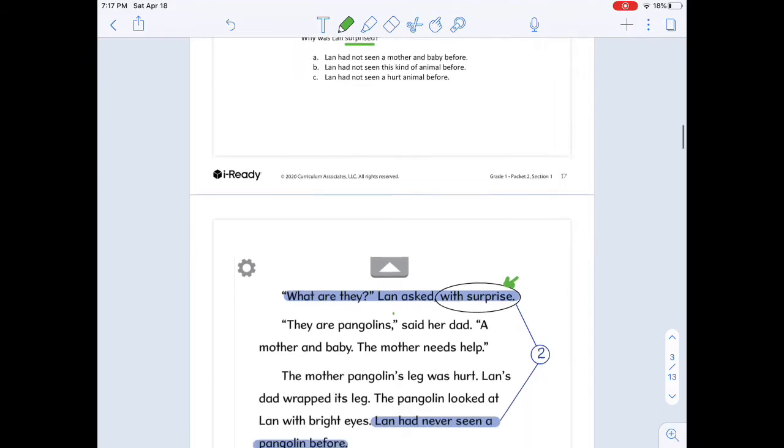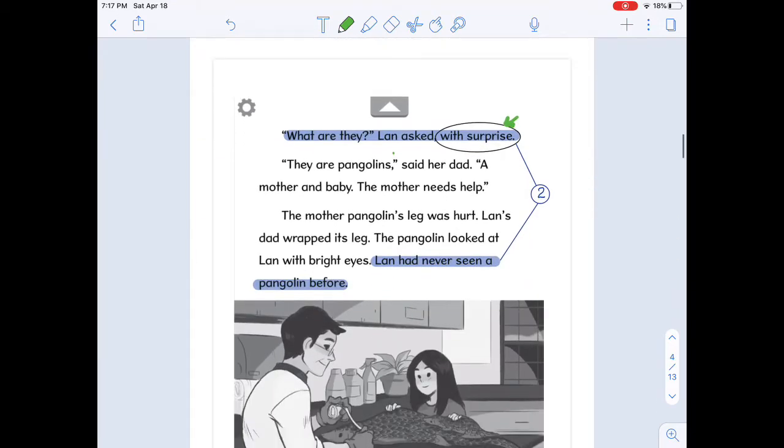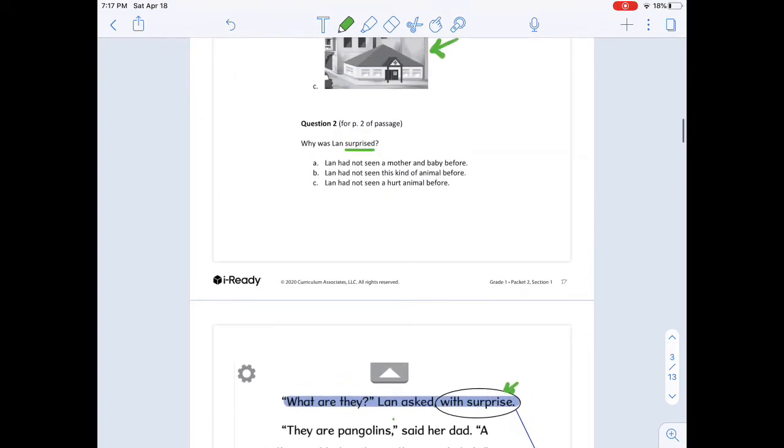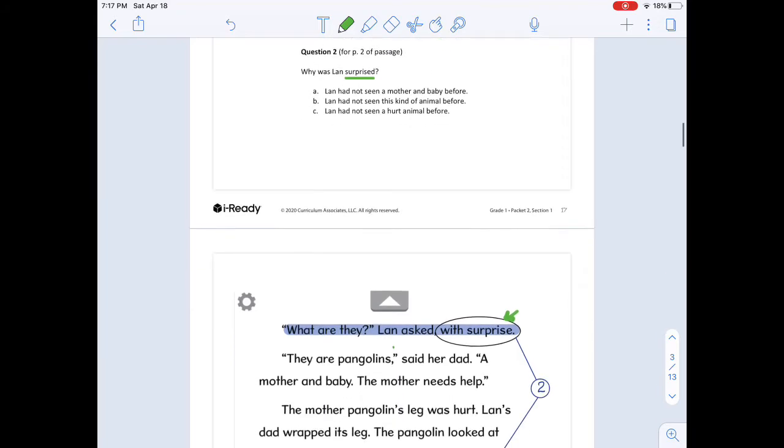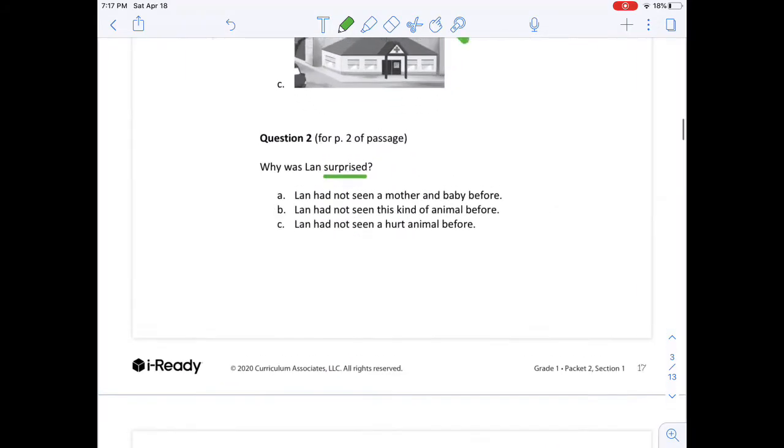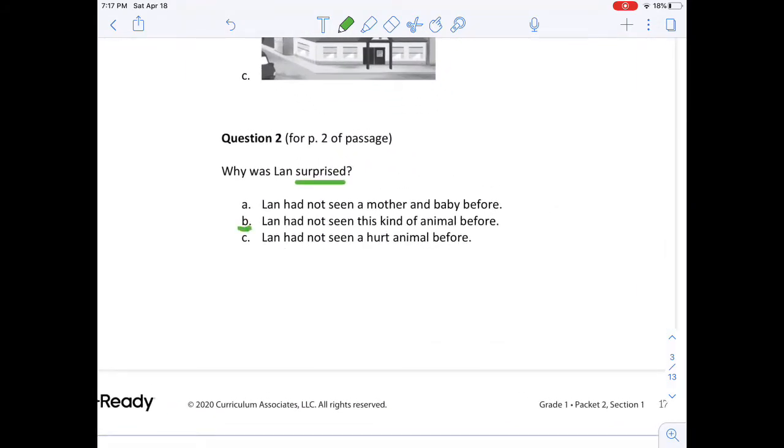Why was Lan surprised? Lan had never seen a pangolin before. So Lan had never seen this kind of animal before. That was the answer to our question.